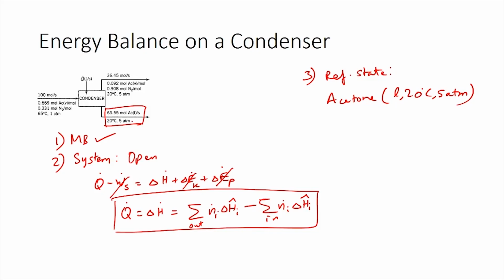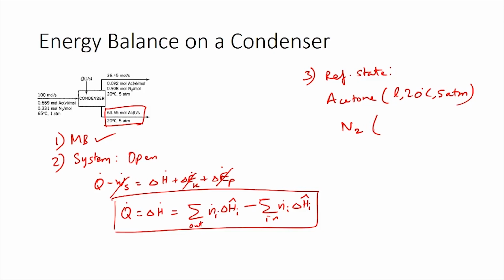The other reference state I would have to choose is for nitrogen. For nitrogen, there are some tables which are available. In Felder-Rousseau, there is a table in appendix B which gives values for enthalpy changes with respect to a particular reference state. Keeping that in mind, I have used the reference state that has been used in the table given in Felder-Rousseau.